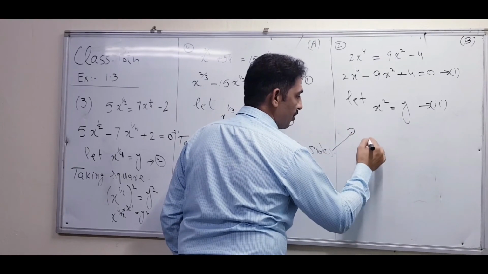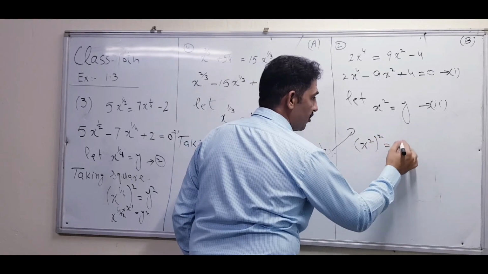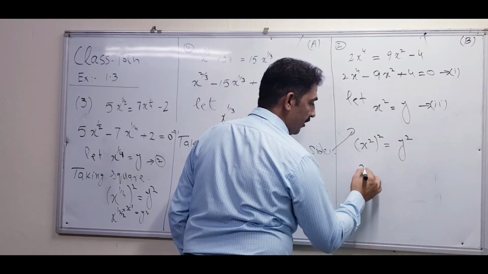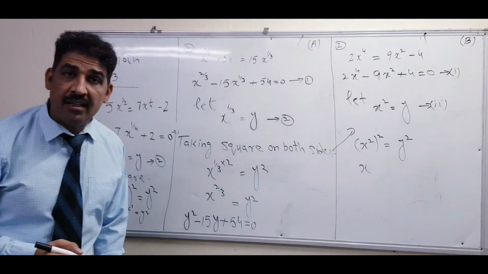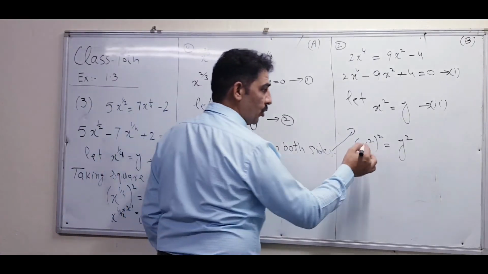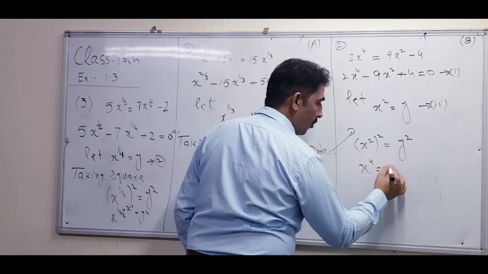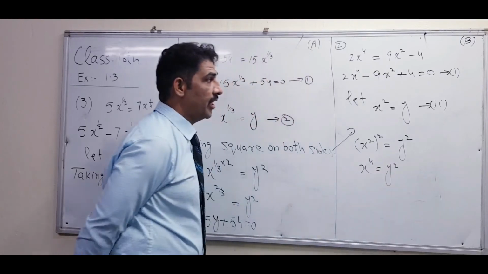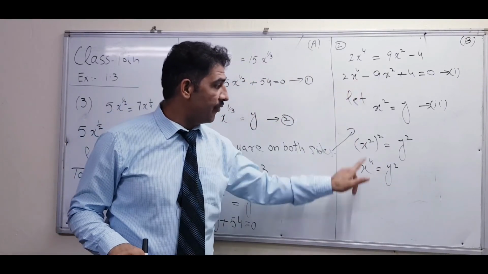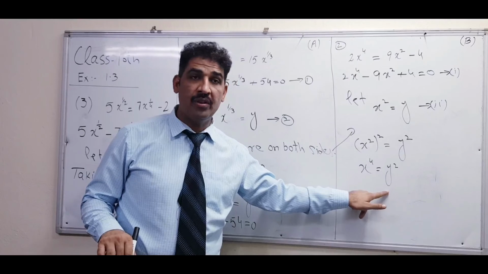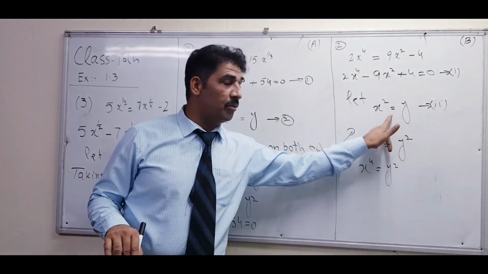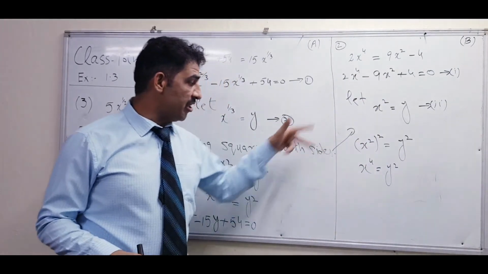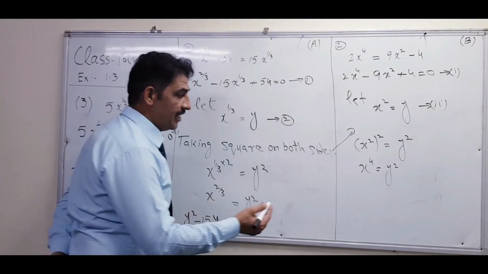So x square, and its square here, and here y square. What happens with power, son? Multiply. So 2 into 2, 4, and here y square. Now x raised power 4, its value changes into y square and x square changes into y.